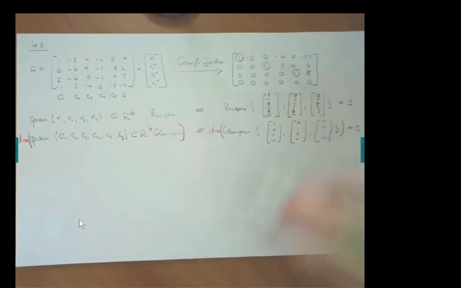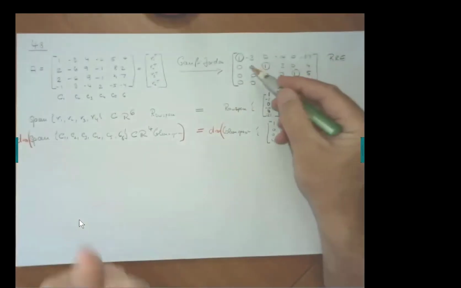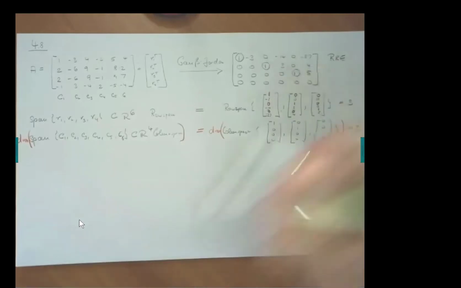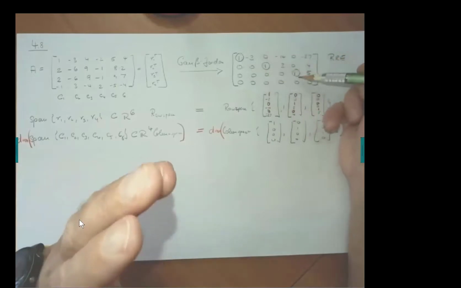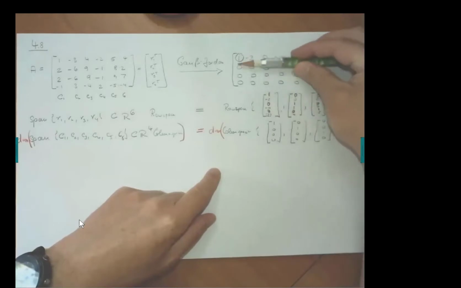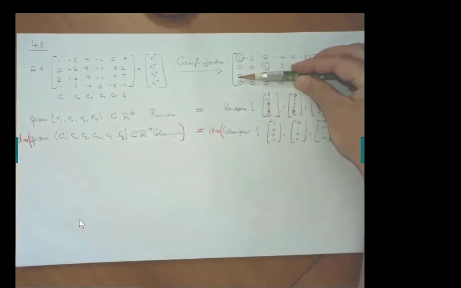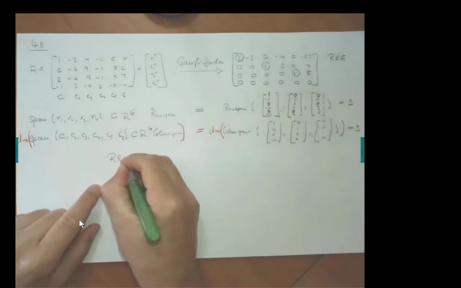So it turns out for the Gauss-Jordan matrix, the reduced row echelon matrix, the Gauss-Jordan is our algorithm, it's obvious that the column space always has dimension equal to the number of leading ones, and the same thing with the row space, because the number of leading ones tells you how many non-zero rows there are, and because of the leading ones, this is also the number of linearly independent vectors.